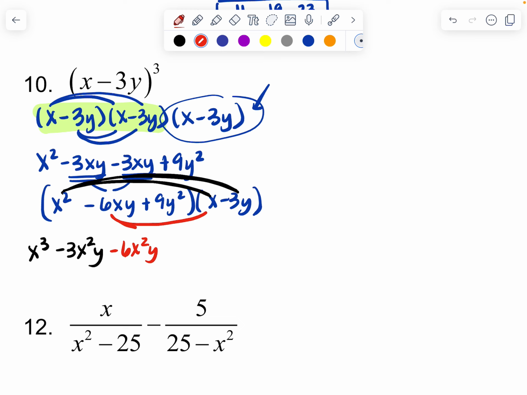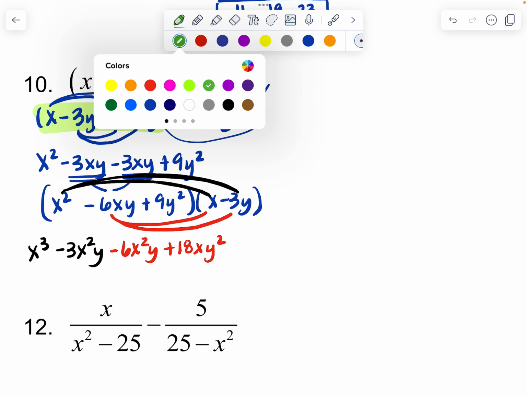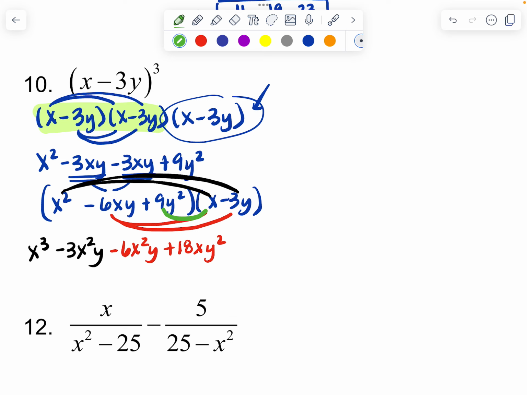And then negative 6xy times negative 3y is positive 18xy squared. And then the last one, let's do green, okay? Then 9y squared, let's multiply that. 9y squared times x is 9xy squared. And 9y squared times negative 3y is negative 27y cubed.